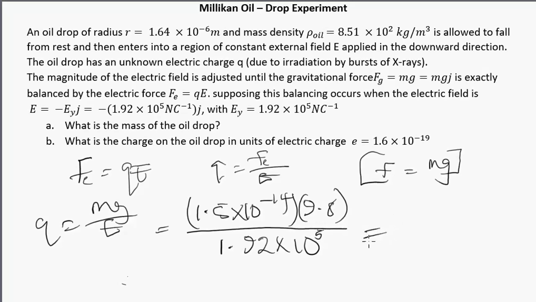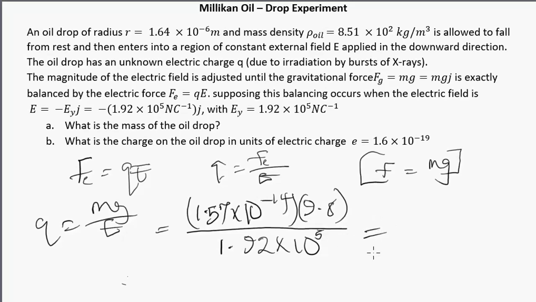Now when I calculate this, when I check this on my calculator, I'll have a value. Let's go ahead and check this on our calculator. Alright, so this is 1.57 times 10 to the power of minus 14, then multiplied by the acceleration due to gravity, which is 9.8 meter per second squared, and then this is all divided by the electric field, which is 1.92 times 10 to the power of 5.